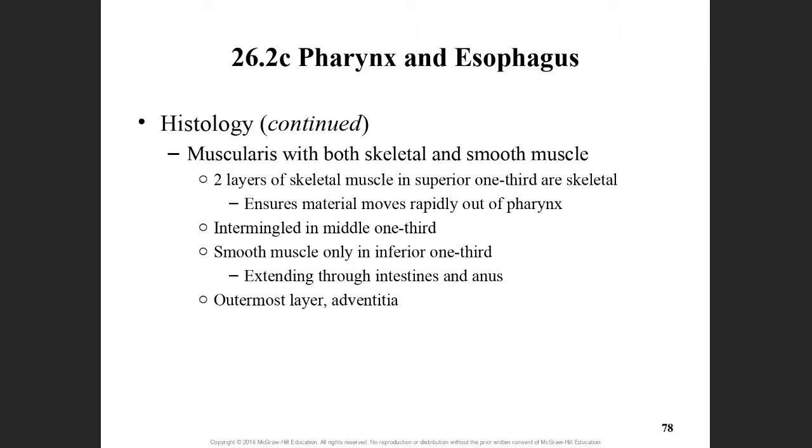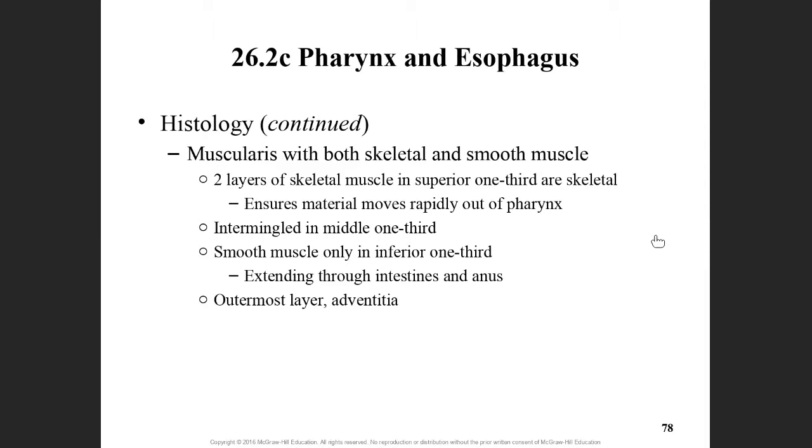And pay attention, in the muscularis externa of the esophagus, we have two types of muscles. In the first one-third of the esophagus, the muscle is skeletal muscle. In the second one-third, we have a mix of skeletal muscle and smooth muscle, and in the last one-third, it is only smooth muscle.